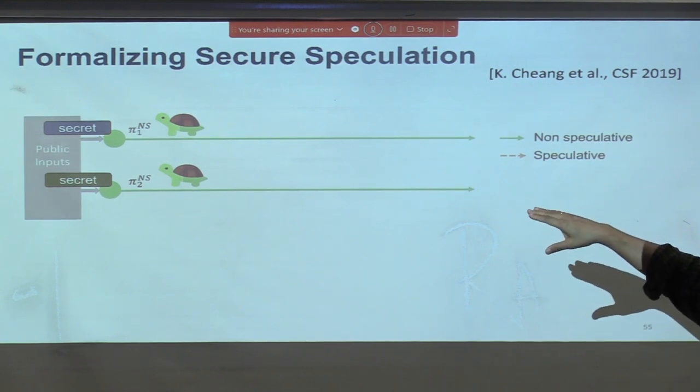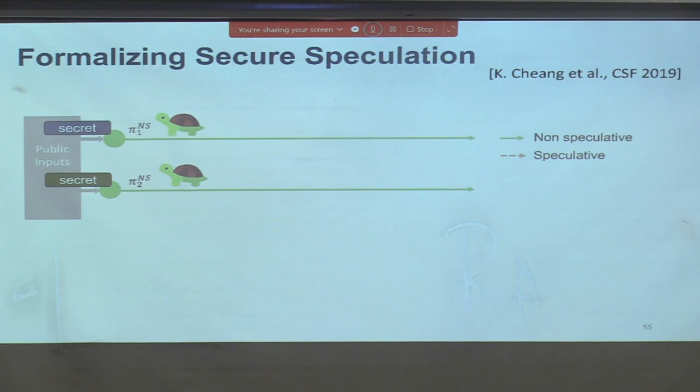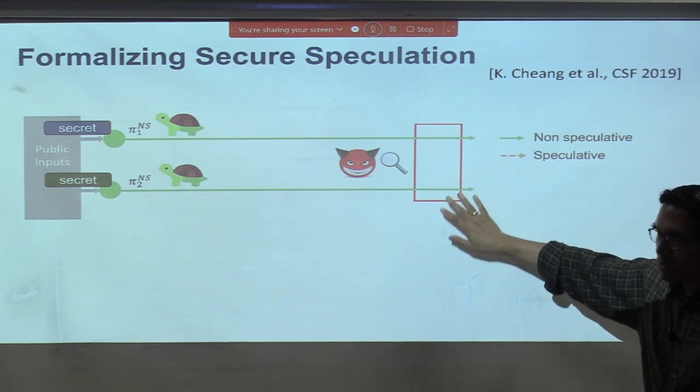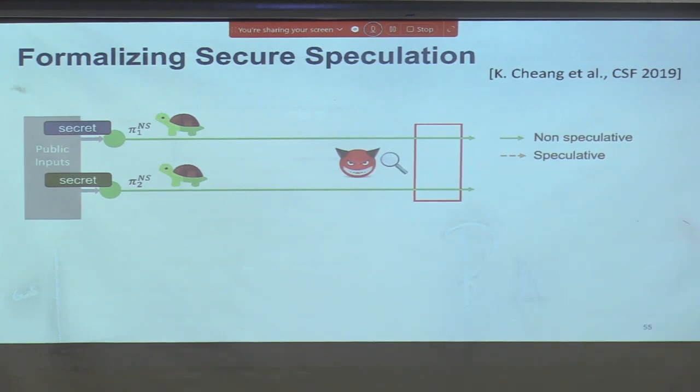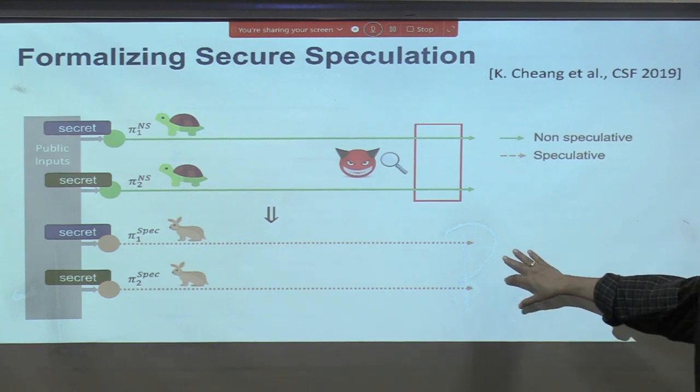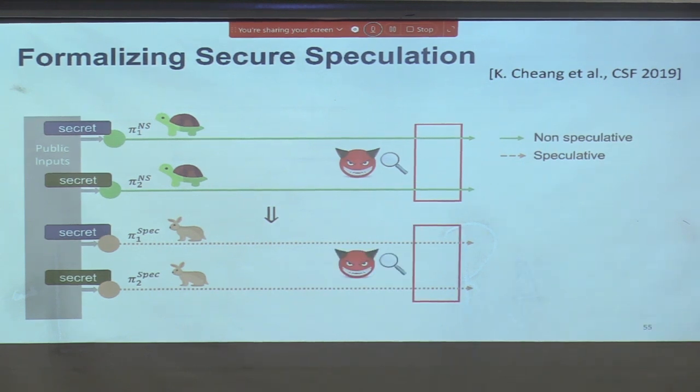The top one has the blue secret and the bottom one has the green secret. Okay, and assume that the adversary cannot tell the difference between these two traces, right? So if observational determinism holds in the non-speculative context, then we want it to hold in the speculative context as well.